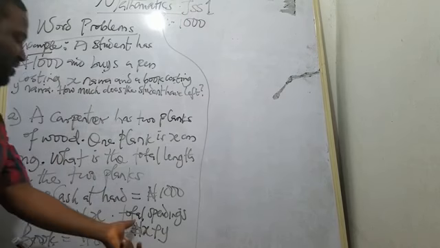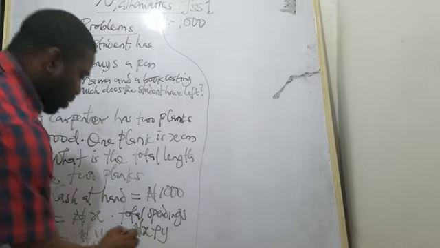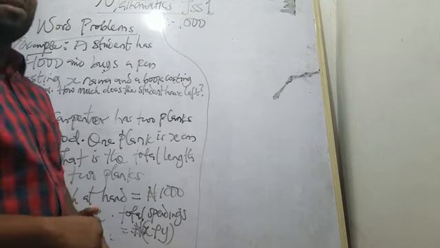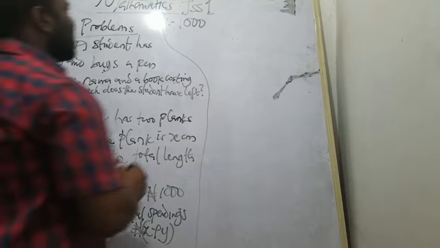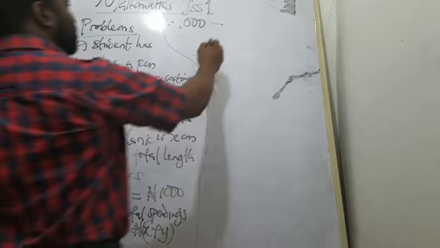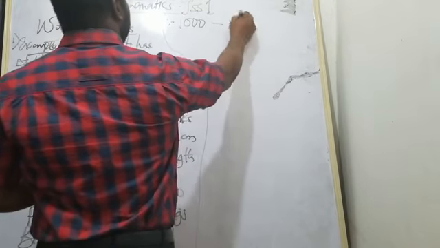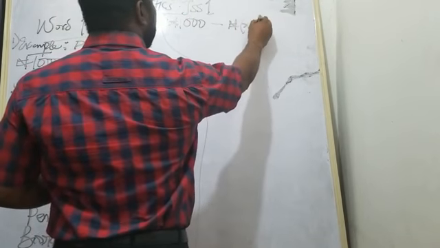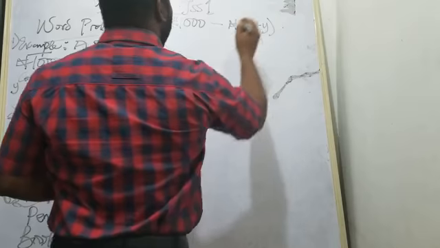Now, total spending is X plus Y naira. How much is now left with that student? Therefore, 1,000 minus what has been spent. How much has been spent? This is in naira. X plus Y has been spent.